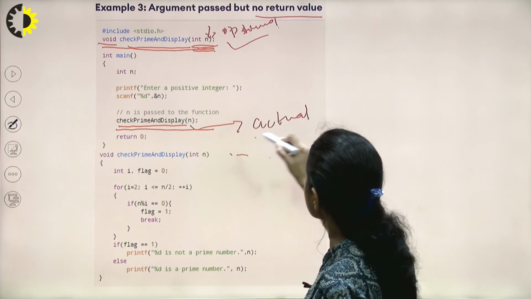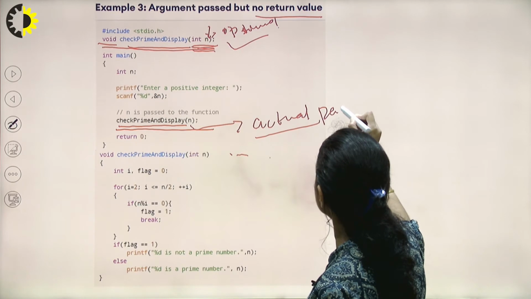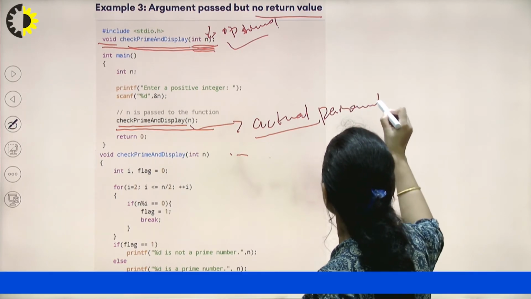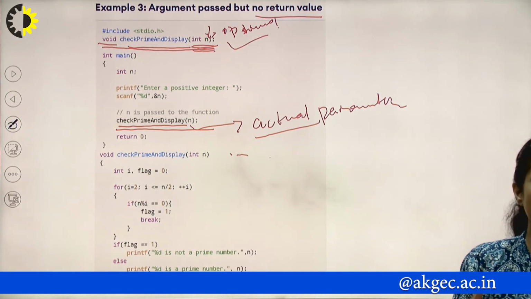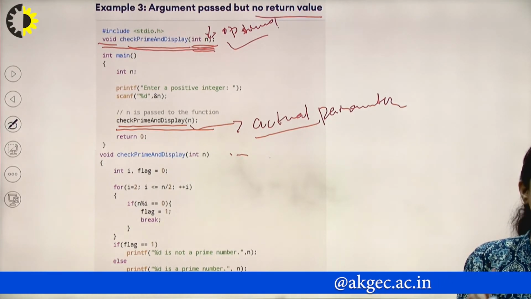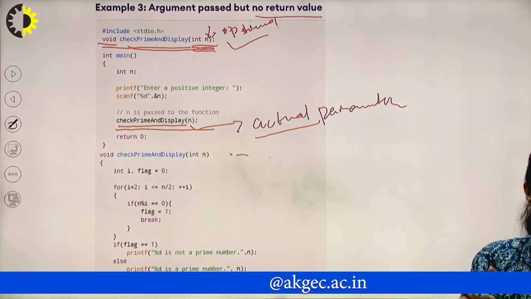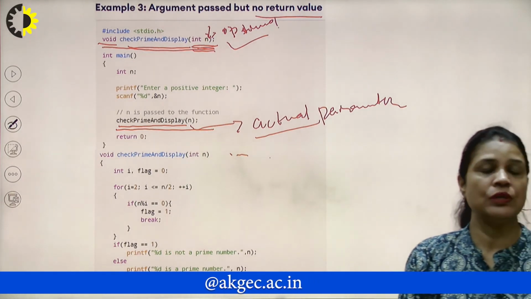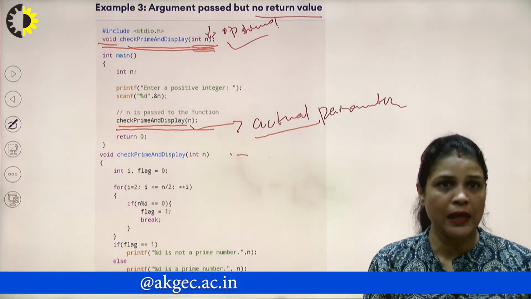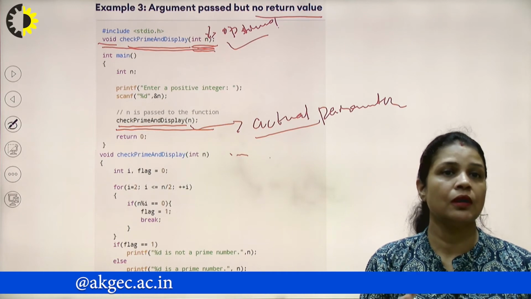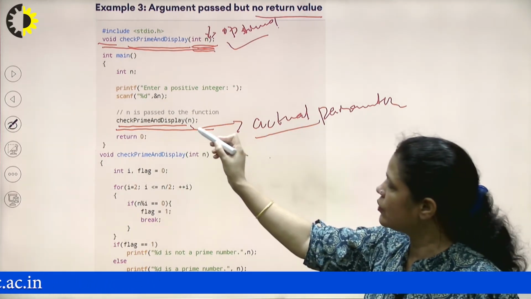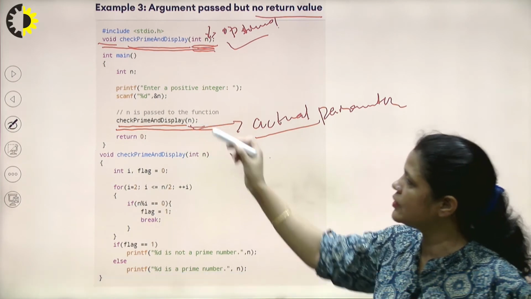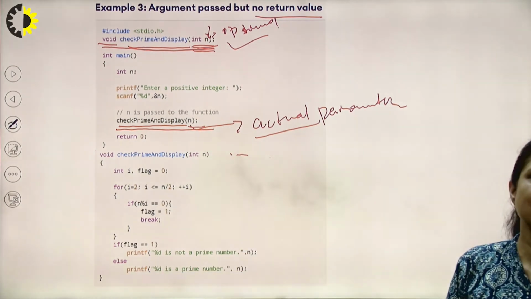At the time of calling the function, whatever we write in the parenthesis is known as the actual parameter. Actually, we need to find out whether n is prime or not. So at the time of calling, the parameters which are passed are known as actual parameters.